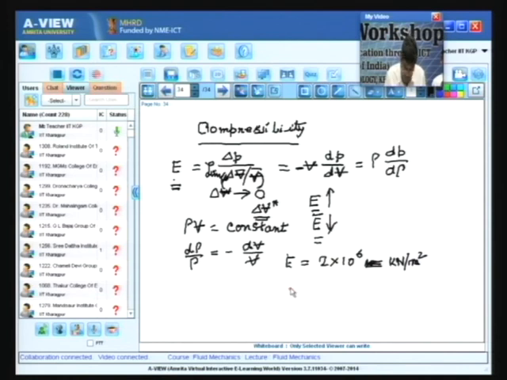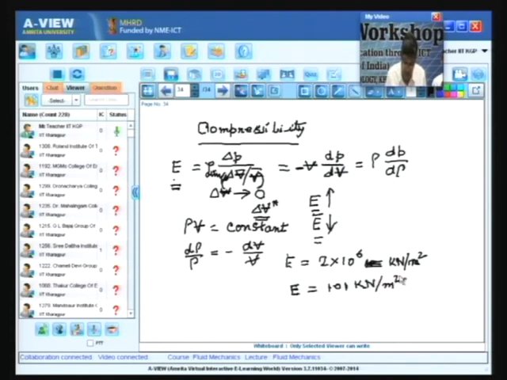Vis-a-vis, for air, the value of the bulk modulus of elasticity depends upon its pressure. For air at standard atmospheric pressure, the value is the atmospheric pressure itself, that is 101 kilonewton per meter square.